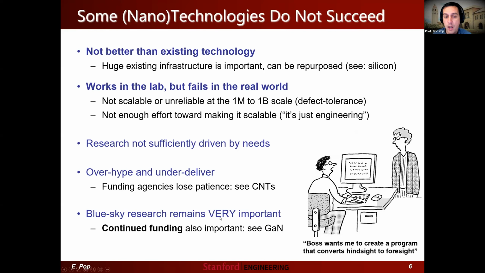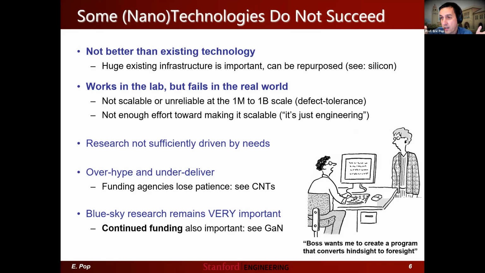Having said that, blue sky research does remain very important, as does continued funding. For instance, if you look at gallium nitride, it was first essentially discovered or used for blue LEDs in the late 1960s, and then people just kind of forgot about it and lost patience. It was in the wilderness for almost two decades until Japanese researchers resurrected it in the 1980s and really made it work by the 1990s.